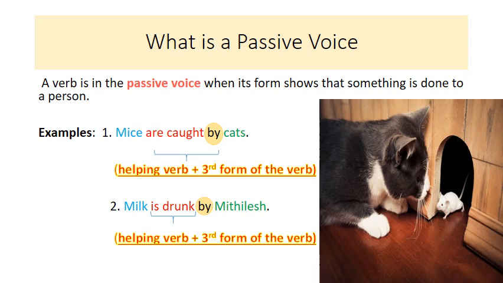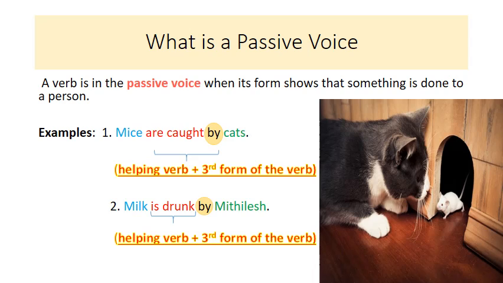Dear children, in active voice we learnt that subject is the doer of the work, or a subject acts upon its verb. But in the passive voice, the subject is the recipient of a verb's action.